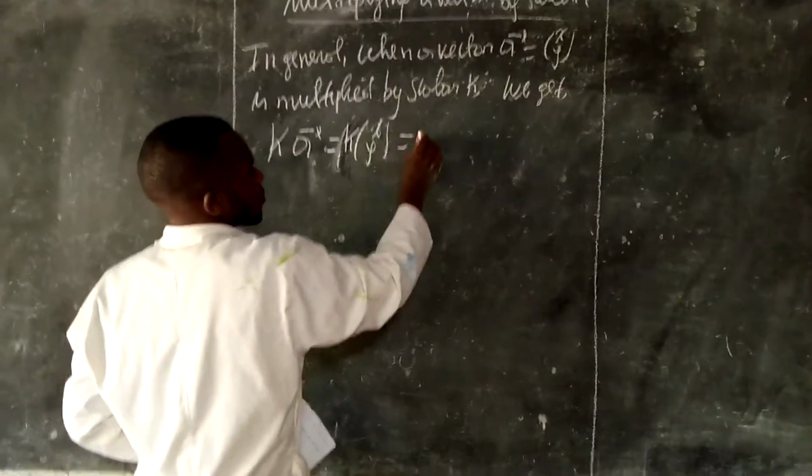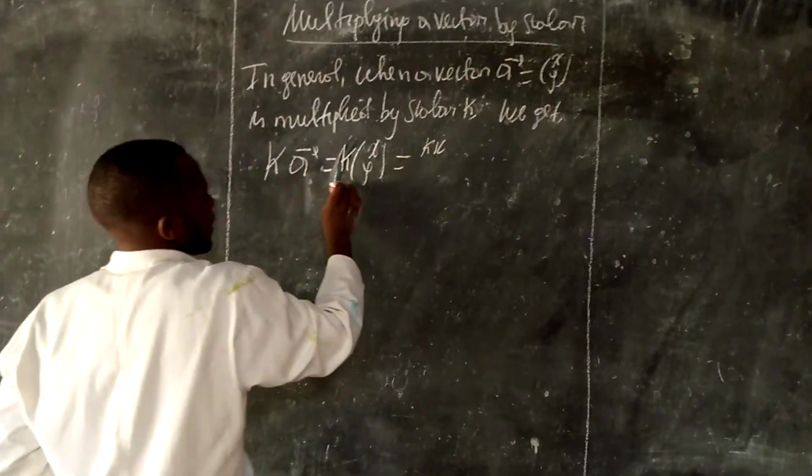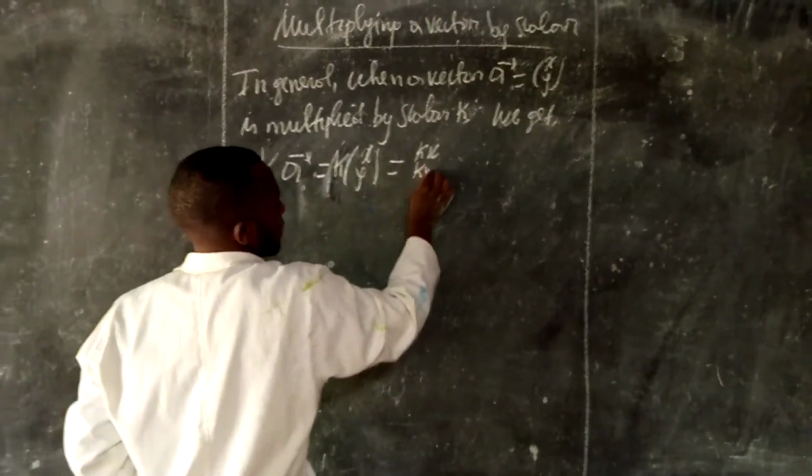K times x we get kx, and k times y we get ky.